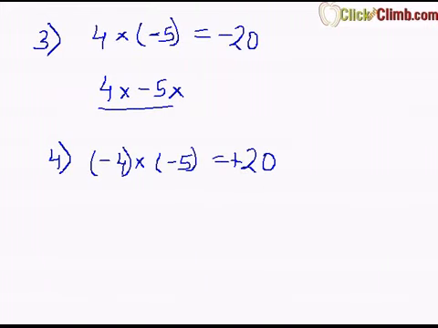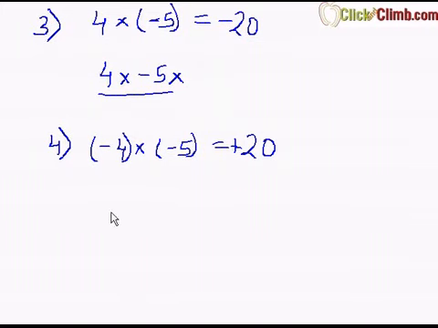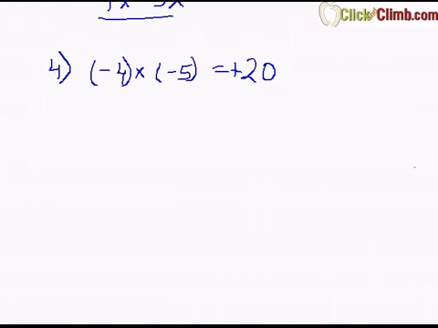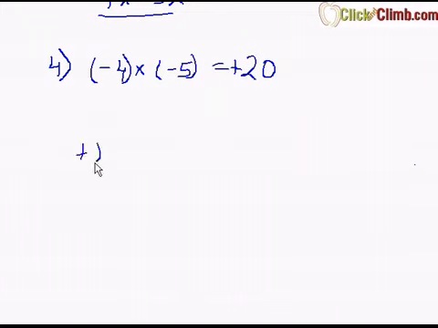Now looking at these four examples, we can conclude that whenever there are two negatives, it gives you a positive answer, and whenever there is one negative, it gives a negative answer. We can also summarize this as: a positive multiplied with a positive always gives you a positive answer.